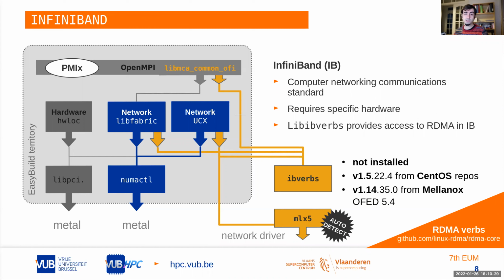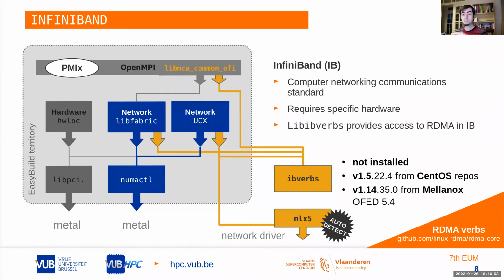You need specific cards, and also you need specific libraries at the system level to handle InfiniBand. And in our cluster, we have groups of nodes that do not have InfiniBand at all, they just have an Ethernet 10 gig interconnect. So on those nodes, the system library of InfiniBand, IB verbs, might not be installed.